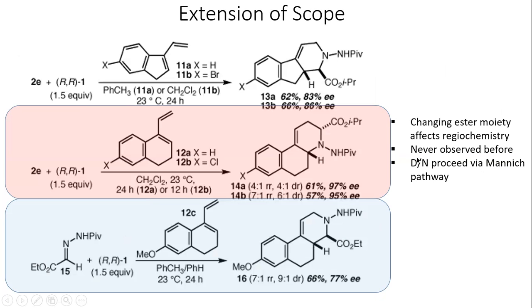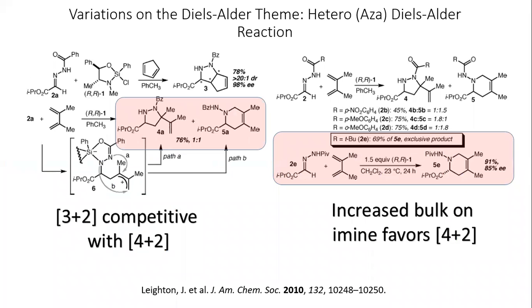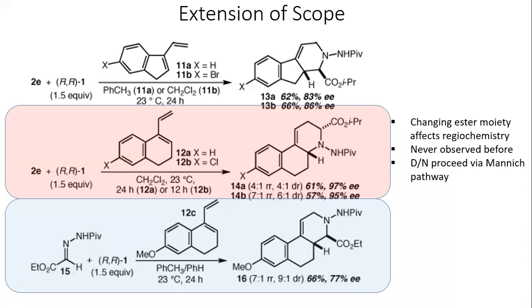So that observation had never been seen up to this point. I think this was published in 2010. That observation hadn't been seen up to this point, where you can change the regiochemistry from regular demand or normal demand to inverse demand just by changing up the substituent here. That hadn't been seen, and this doesn't proceed through a Mannich pathway. This actually does go through a traditional 4+2 mechanism. It doesn't go through a Mannich followed by some type of addition then elimination.